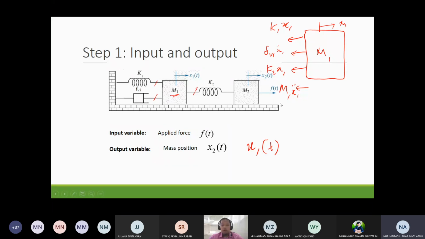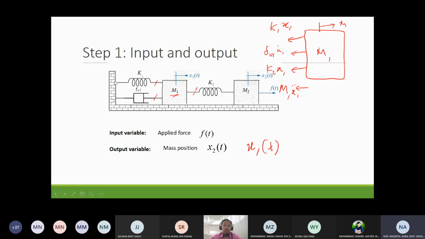And then if you notice, this spring K2 is also attached to M2. Okay, it doesn't attach to M1 only, it's also attached to M2. So we need to consider the force from the spring K2 by the box M2, because it is connected to both of the boxes. If you look at the spring K1 and the damper FV1, they are connected to the wall.